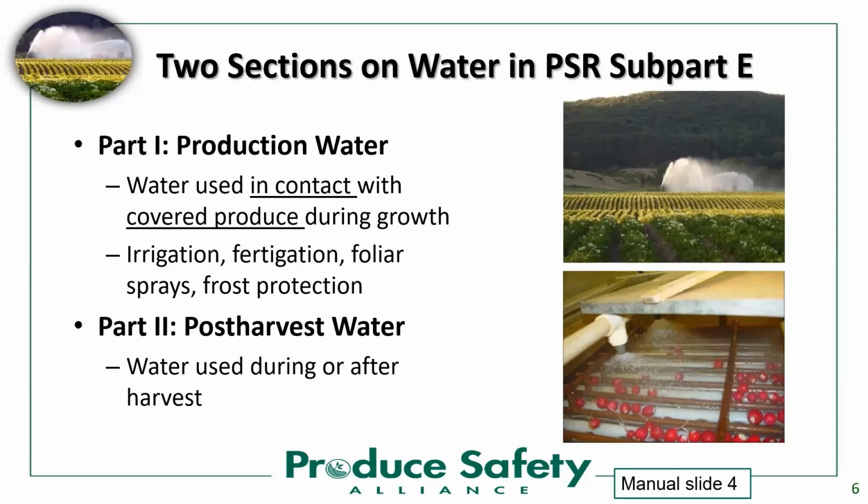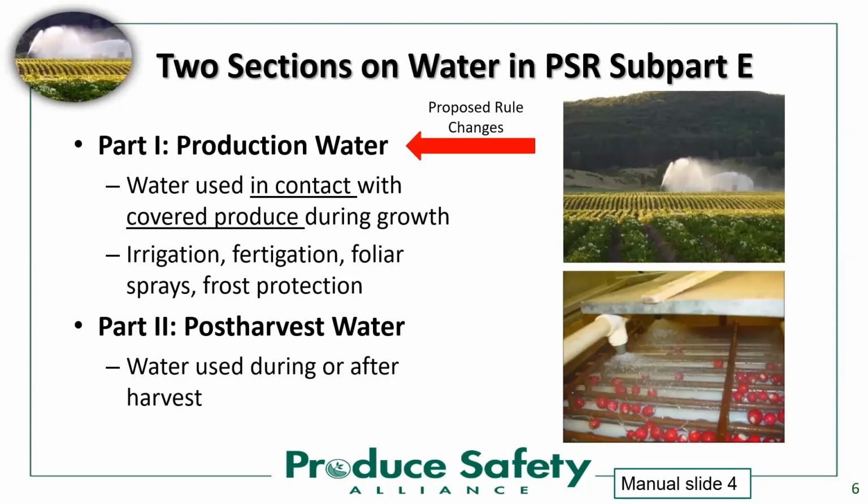Could be used for washing, could be used for transporting or fluming that harvested product. It might also be used for diluting any cleaning and sanitizing agents that you're using in your post-harvest operation. So FDA makes the distinction between these two different types of water, and there are different microbial quality standards for each one of these two types of water as well.